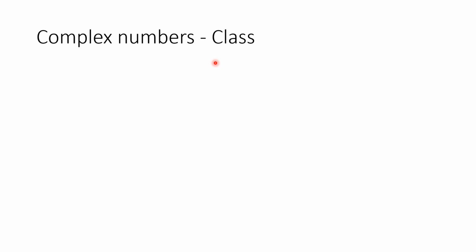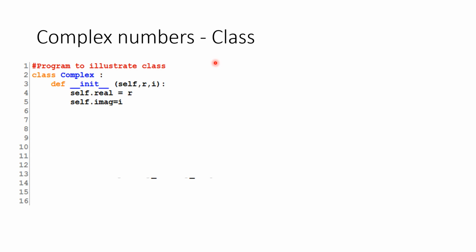So first, to declare a class in Python, we use a keyword called class followed by the class name, which is user defined. It's a user identifier. So complex is the class name. And to start the class, we use the colon.